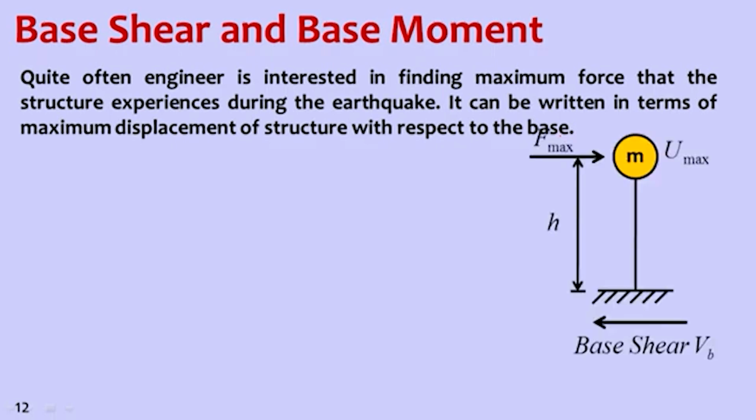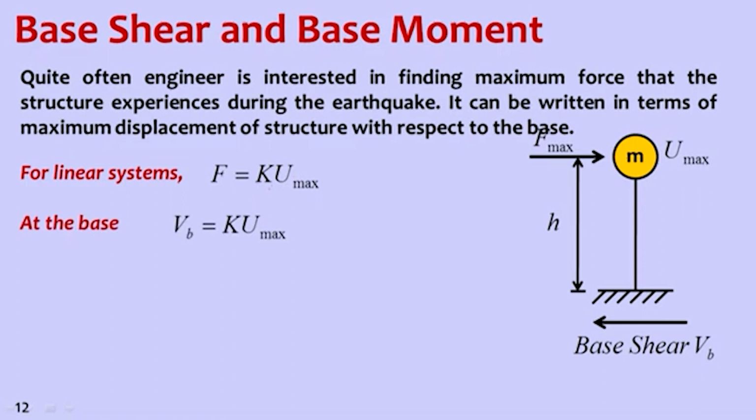Now if you look at this, force is mass into acceleration, and the same force appears as a reaction here, which is called base shear. So we can calculate base shear and also base moment, because the force is acting at height h from the base. How do we get that force? Force is simply F equal to K, the stiffness, multiplied by the maximum displacement. This maximum displacement is the spectral displacement that we get from the response spectrum plot.